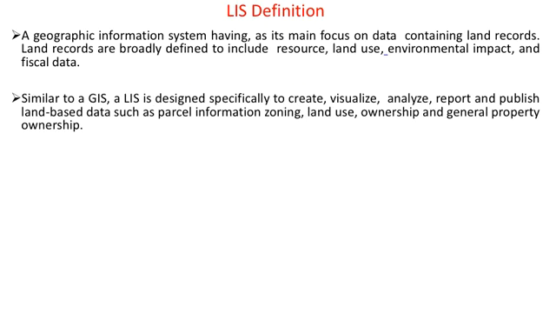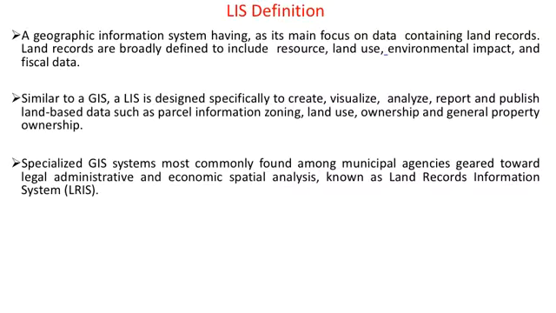Similarly to GIS, LIS is also used to create, visualize, analyze, report, and publish land related data such as parcel information, zoning, land use, ownership, and general property ownership. A specialized GIS system, most commonly found among municipal agencies, geared toward legal, administrative, and economic spatial analysis, is known as a land record information system.